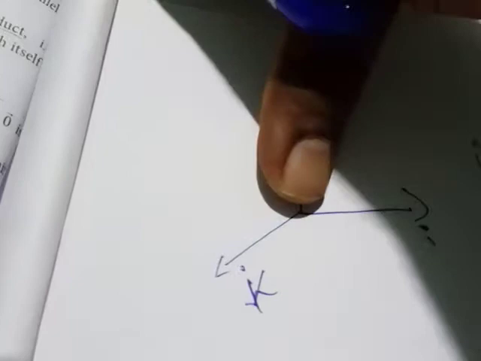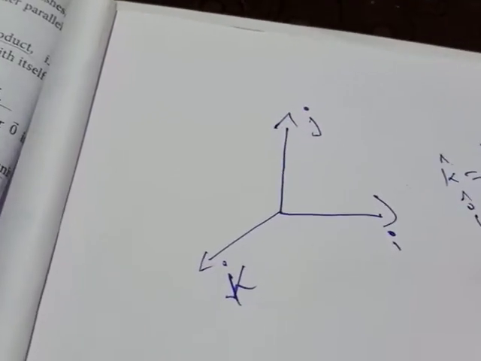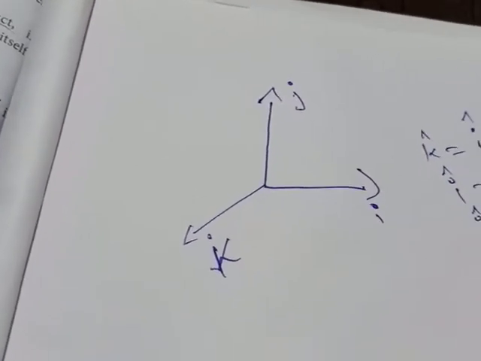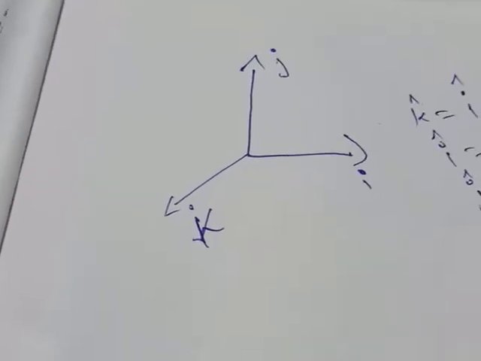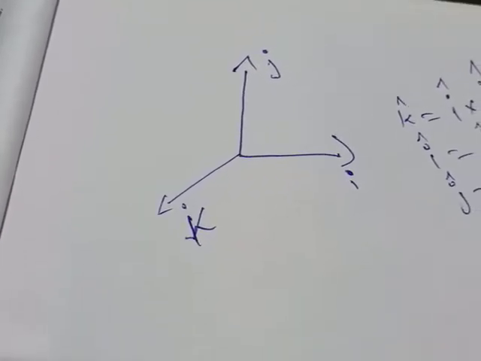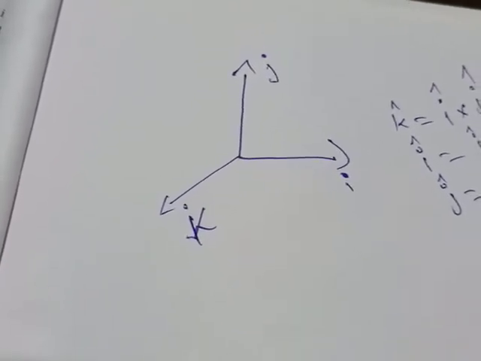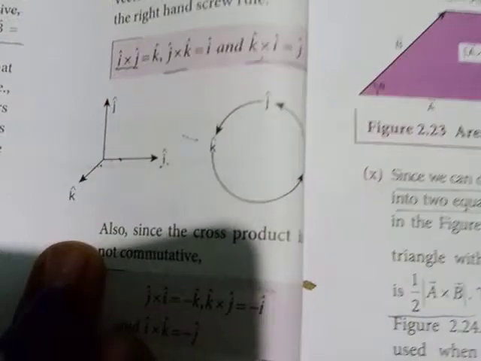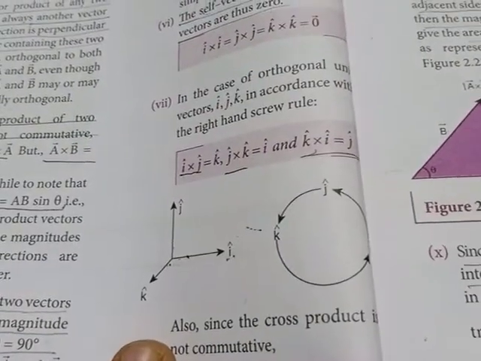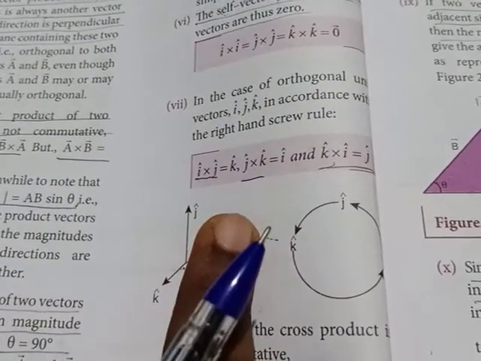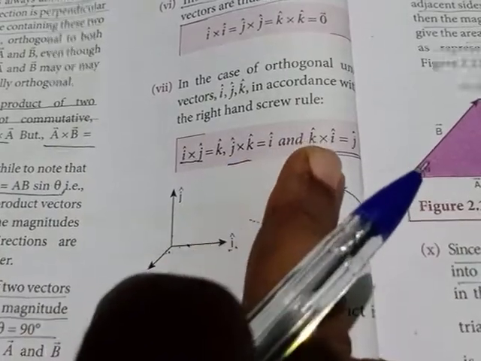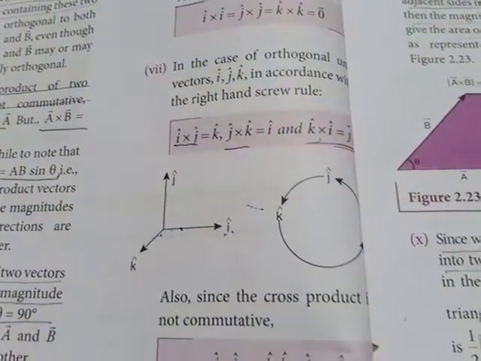If you are taking J, then J unit vector is equal to K unit vector cross I unit vector. That is this point. In the case of orthogonal, I cross j is equal to k, j cross k is equal to I, k cross I is equal to j.